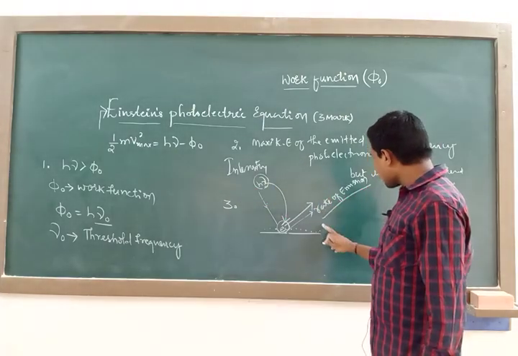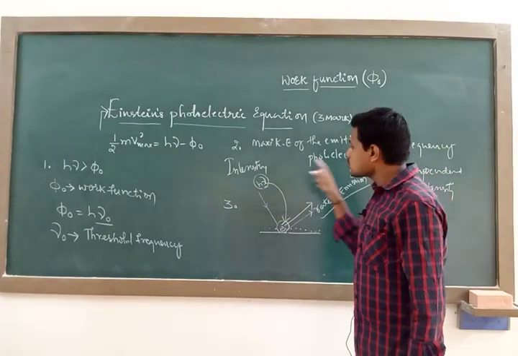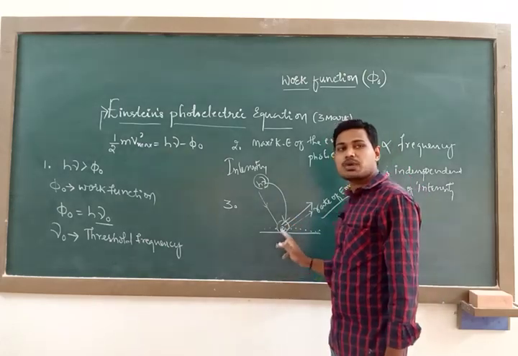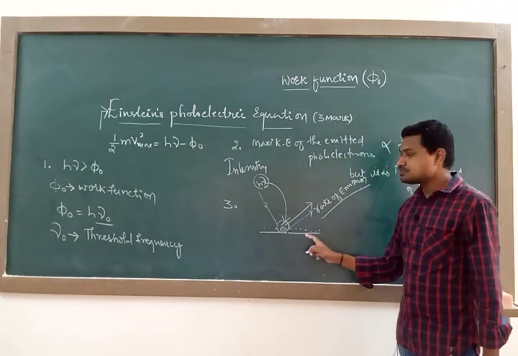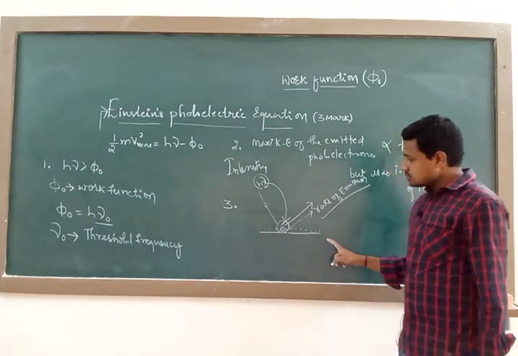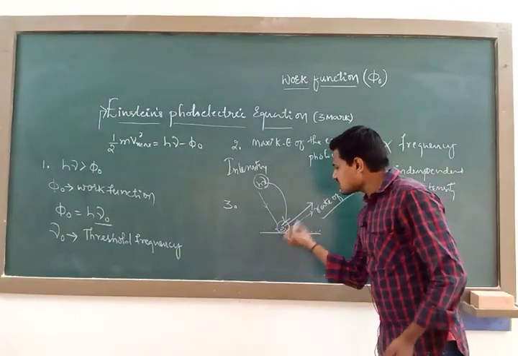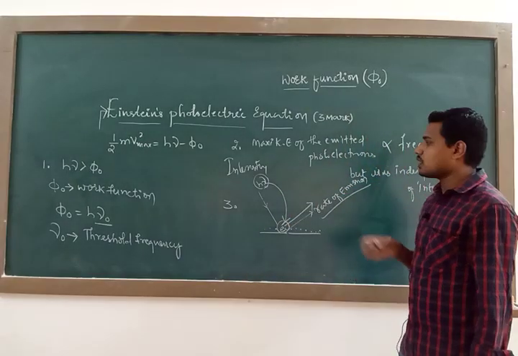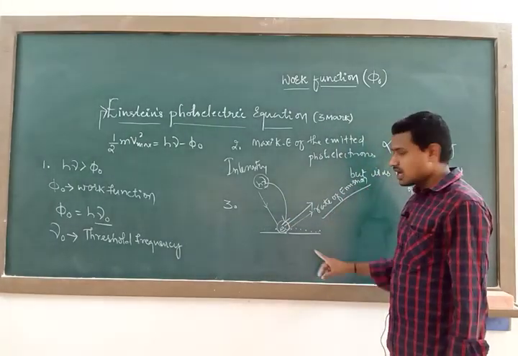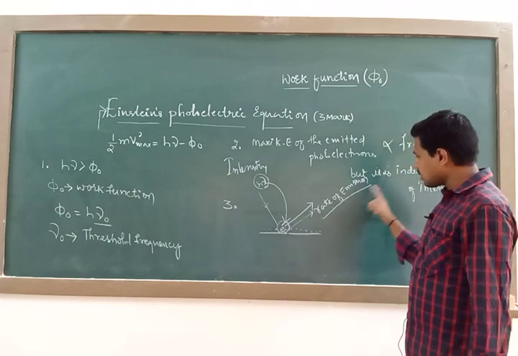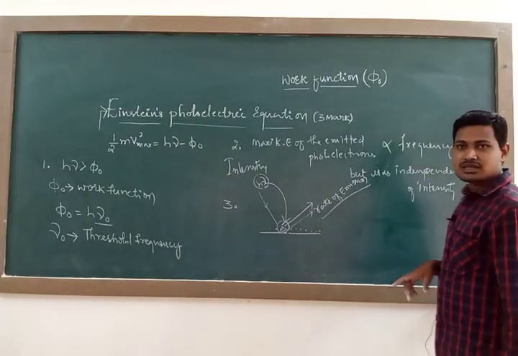If the rate of emission of electrons is to be more, more and more photons per unit area per unit second should be incident on the surface of the metal, thereby the maximum number of electrons get ejected.